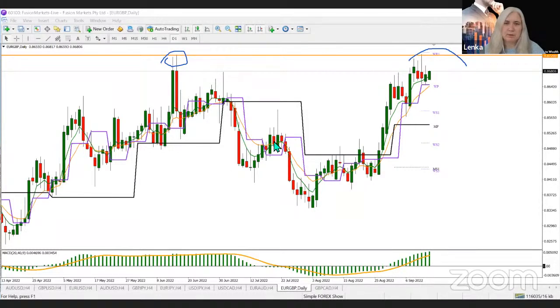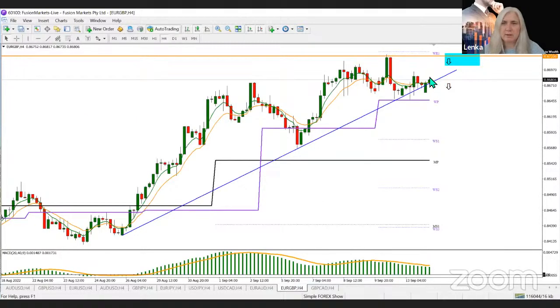So on the 4-hourly, looking for that price action to keep going to the top, and then looking for some price reversal here, looking for short.